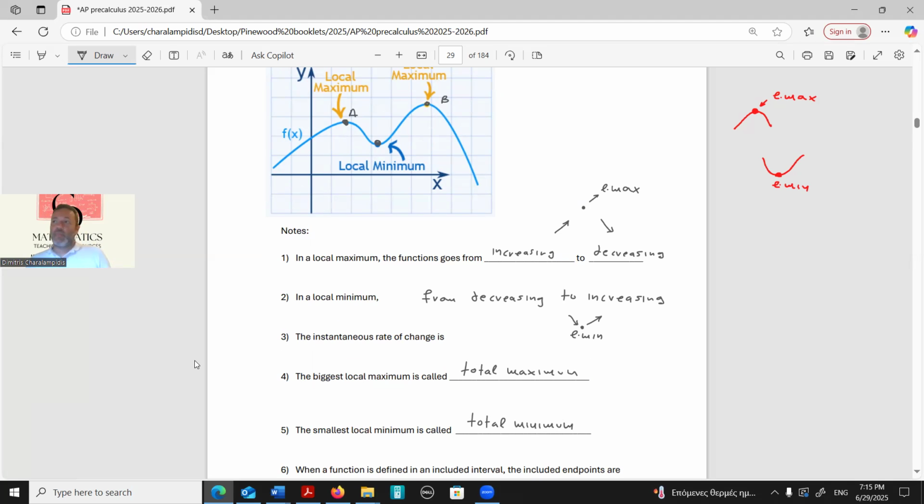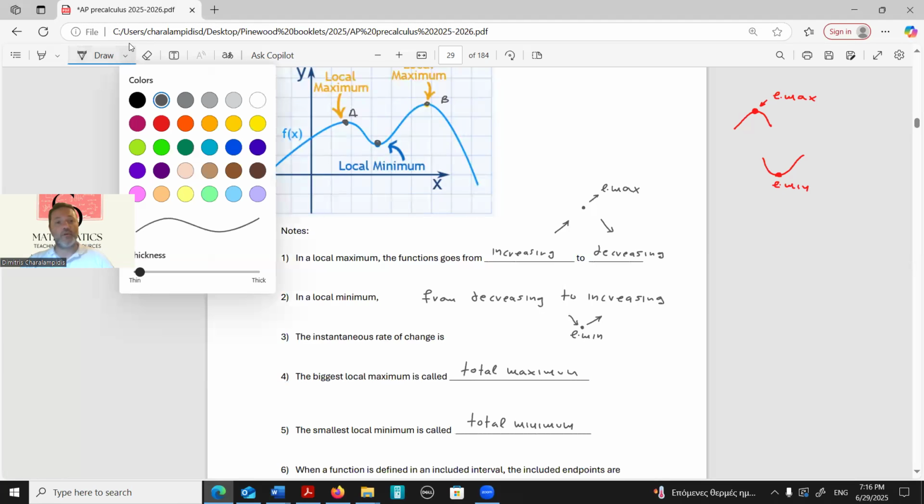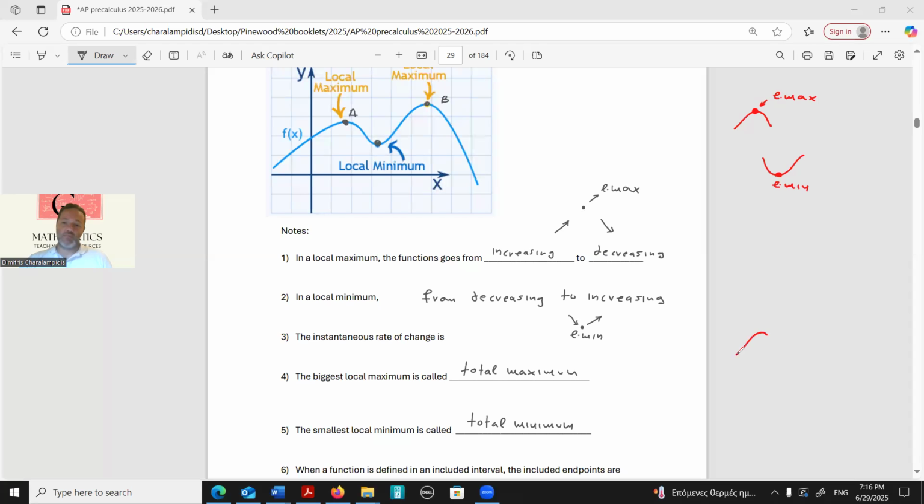When I was your age, my teacher asked: could a local maximum be smaller than a local minimum? Take some time. Could a local max be below a local minimum? Yes, because we refer only to locals. So we have this local maximum here, but then for some reason the graph could go like this, and this one is a local minimum.